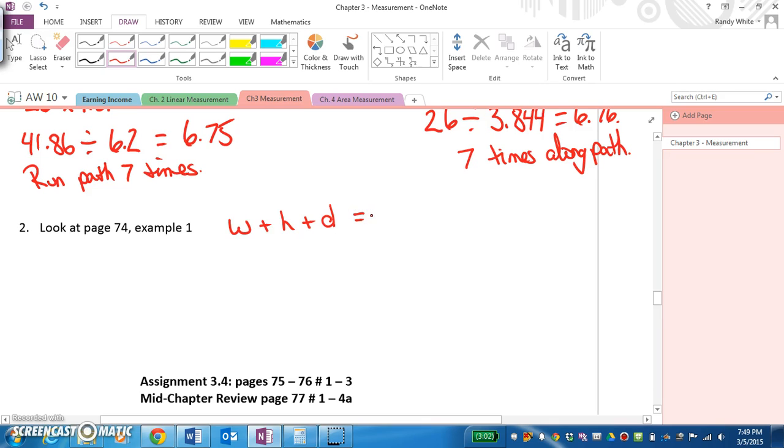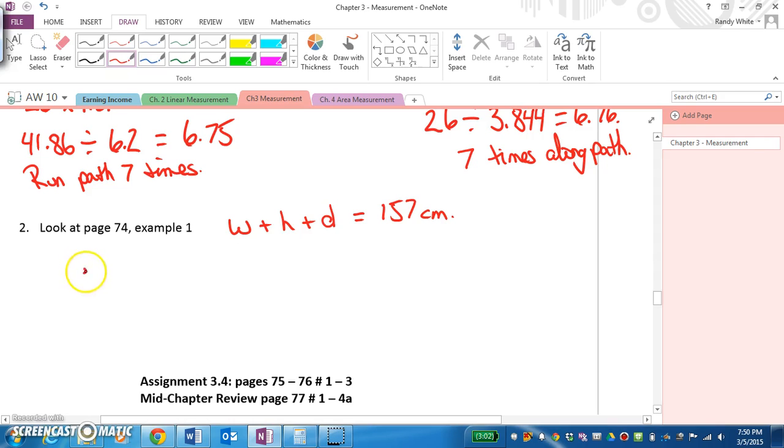If it equals 157 centimeters or less, you can carry it on. They've given you three bags here, and they want you to see whether or not they would be able to go on. I'll do the first one, and then you can try the other two.